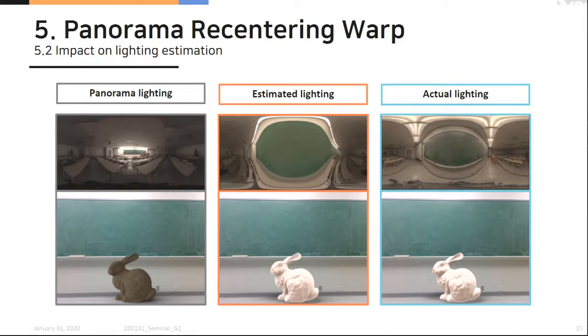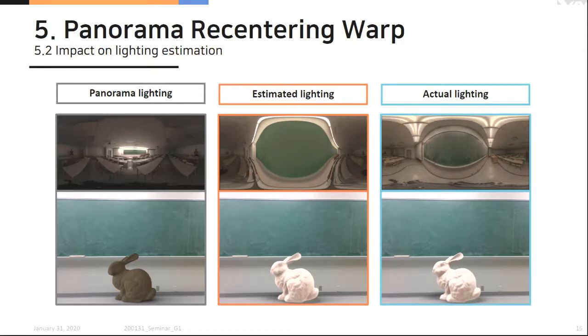Imagine that you have a sphere, a 3D ball in front of you, and you have a fabric of that image. You cover the sphere with it, and you want to place the bunny at the far away desk here, but they took the panoramic data over there, and the light condition is totally different.